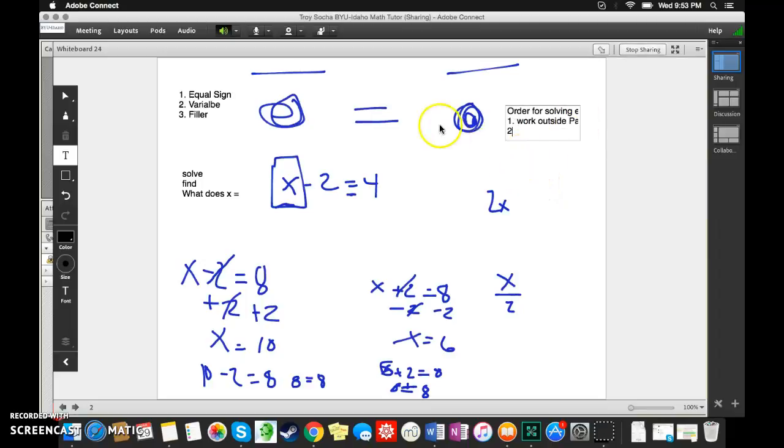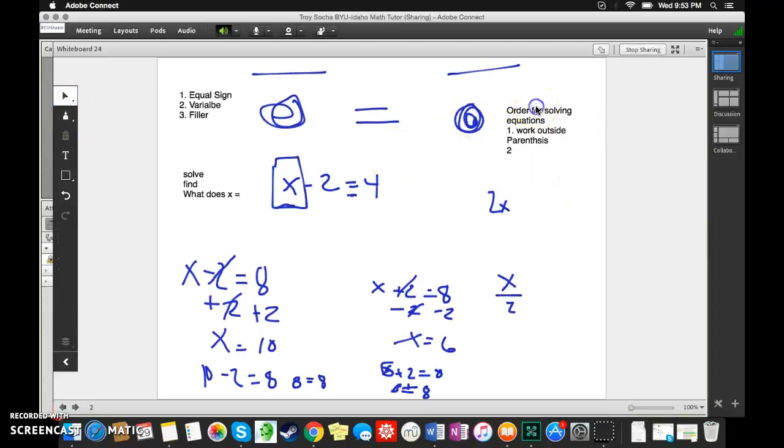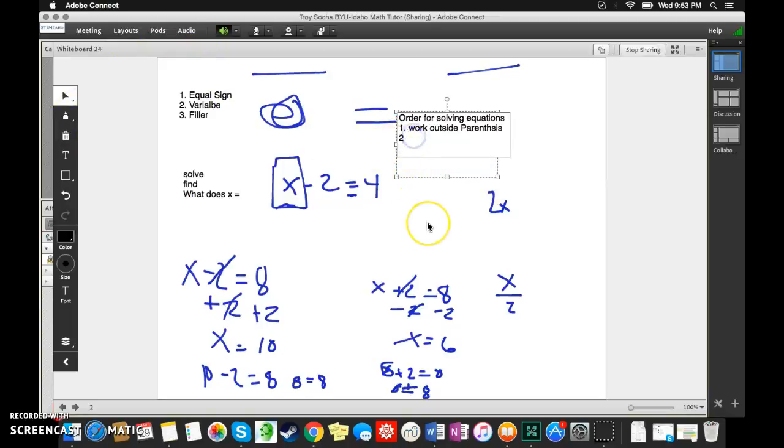Two, we are going to, let me move this over. So we're going to work outside parentheses first. We're then going to work inside parentheses, or we're going to add and subtract. So once parentheses are removed, let me say remove parentheses first.